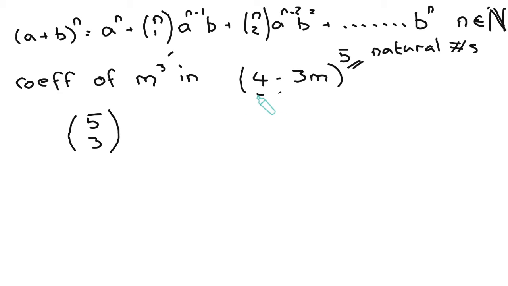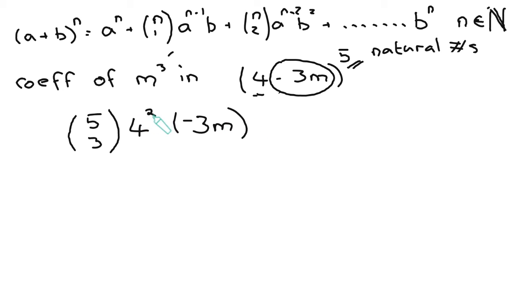Well, in this case, a is 4, so 4 squared, and b is, be careful, minus 3m. So we've got minus 3m, raised to the power of 3. We should have said that the other way around really. Because this is to the power of 3, the power here is going to be 2, because these powers have to add up to 5.